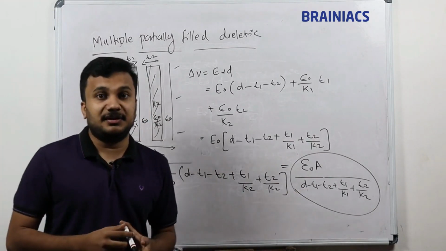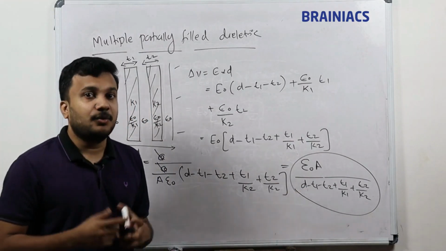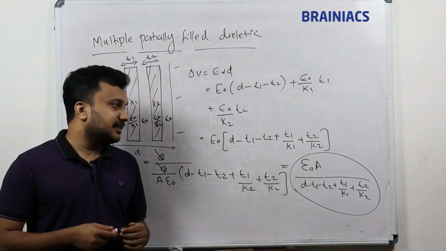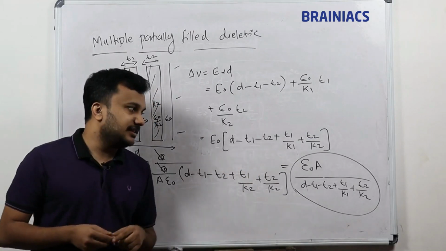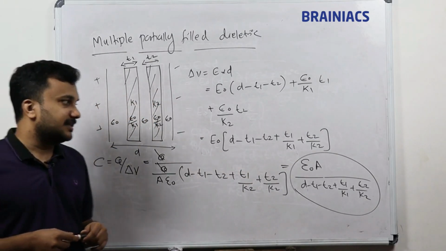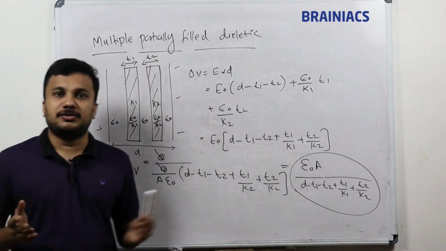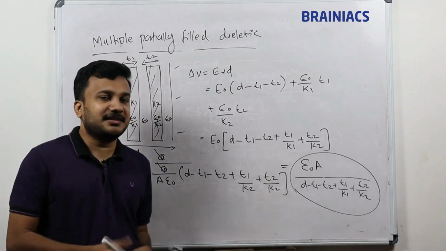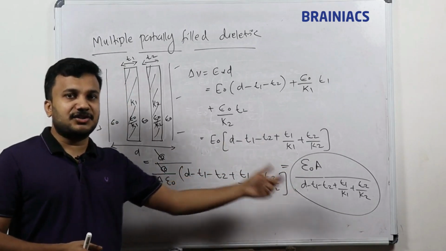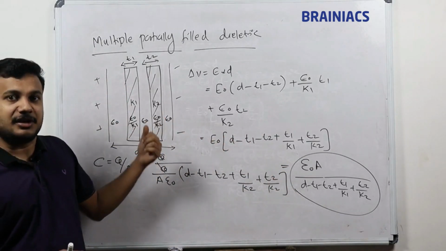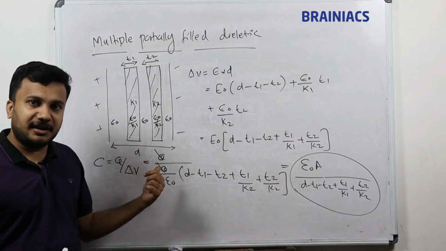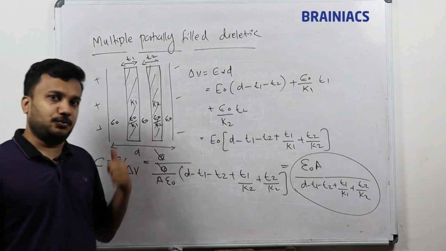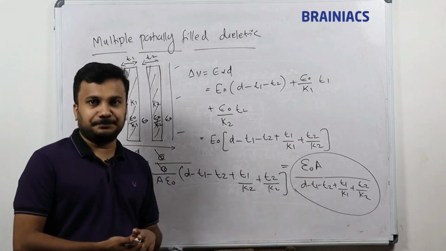It is quite easy to apply when you come across certain questions: D minus T1 minus T2 plus T1 divided by K1 plus T2 divided by K2. This is with multiple dielectrics, and this is the total capacitance of this parallel plate capacitor holding dielectrics K1 and K2 having thicknesses T1 and T2. That's the answer for this one.